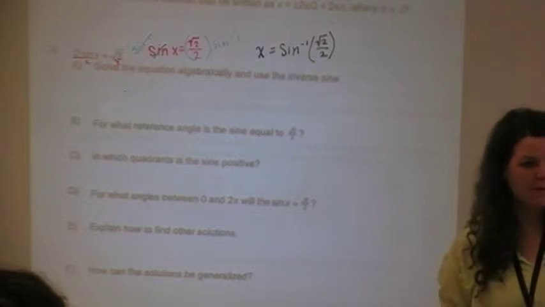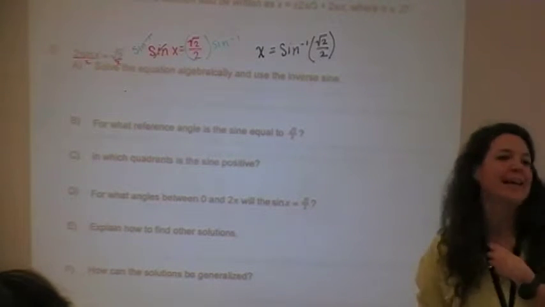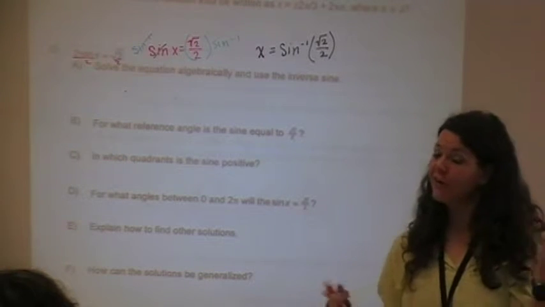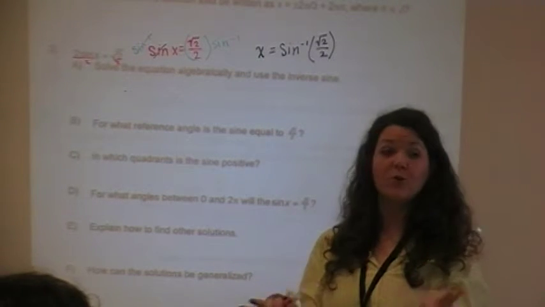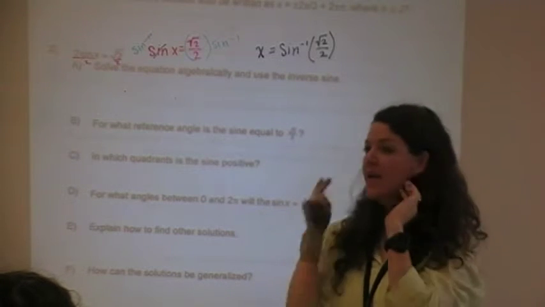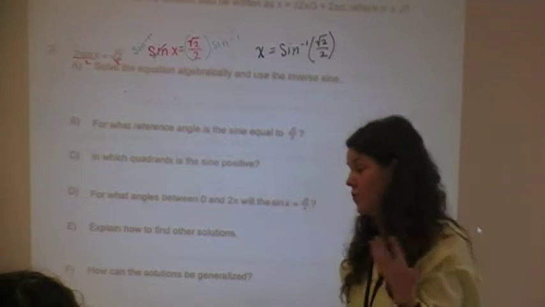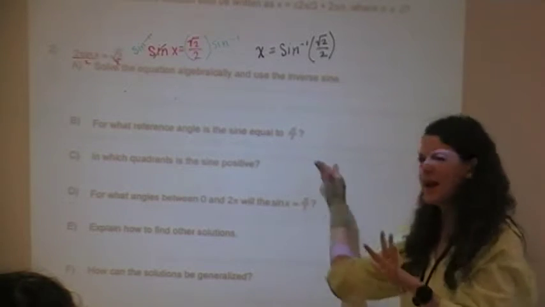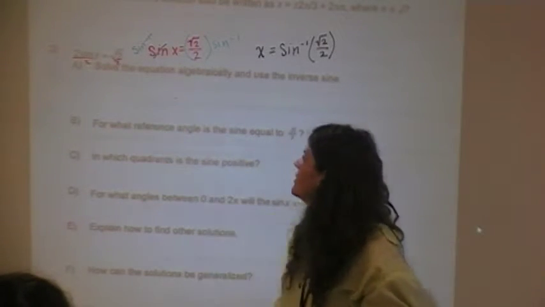I realize you have a table on the front of your page. I'm not going to give you a table on the test. If you want to recreate that table at the beginning of your test, just write it at the top of your test, it might save you some time. You could always do that, but for right now we're just going to use our left hand trick.